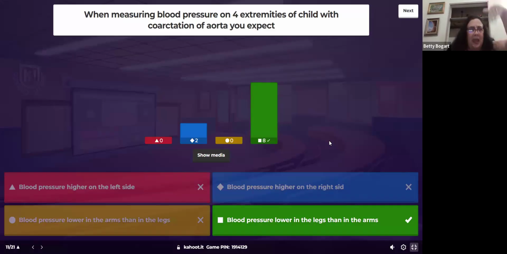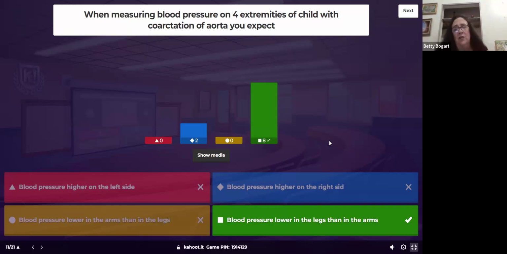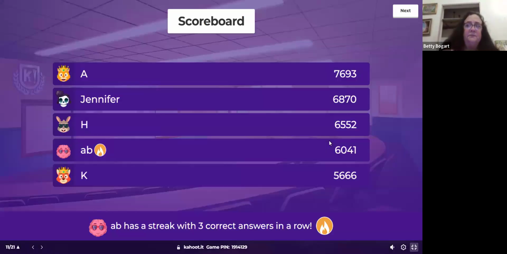So, if blood can't go down to the lower extremities, blood pressures are lower. But if it can't go down, it goes up. So the upper extremities are going to be higher. And that's what you would see. I've actually seen one when I first started in the newborn ICU. I found one of them.